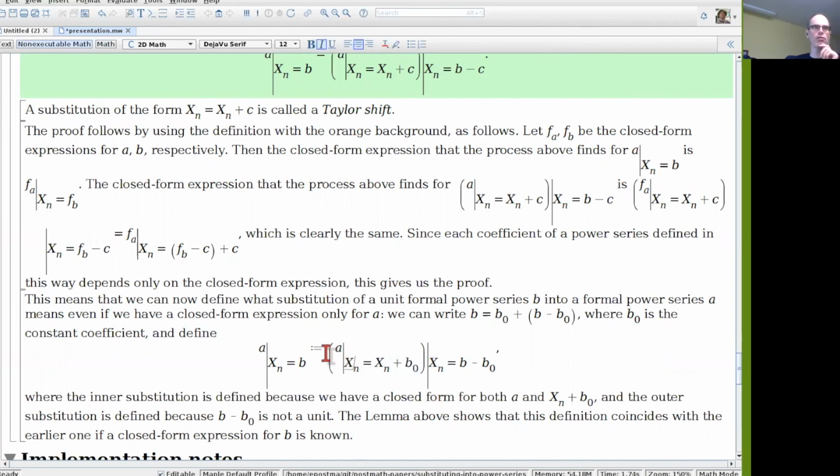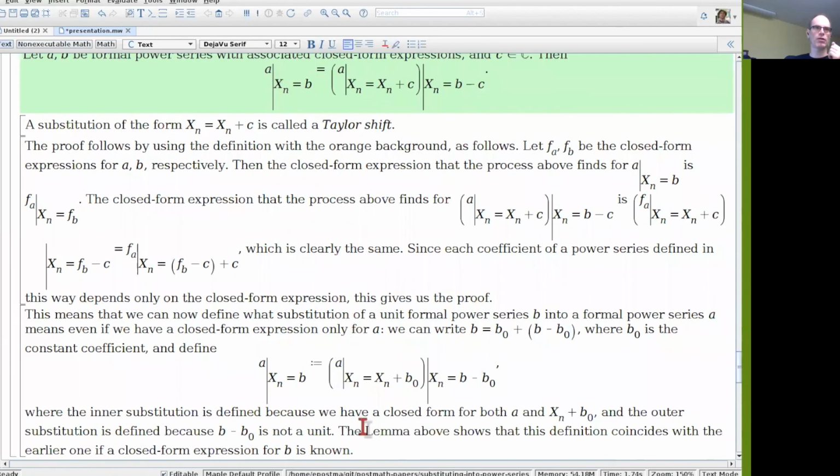And for the outer substitution, we don't need any closed forms because this is non-unit. So what we've gained is we only need a closed form expression for A for this to work. And what the lemma gives us is, if we choose to use that as the definition, then that definition coincides with the earlier one.